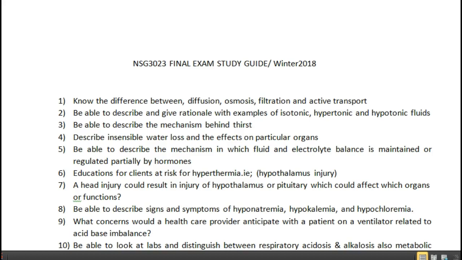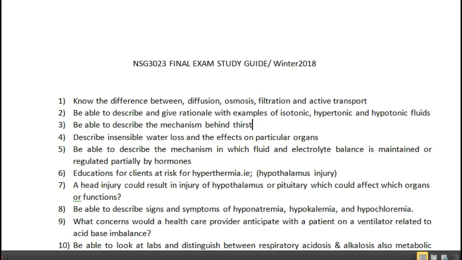When you think of diffusion, think of it as being passive, moving from an area of higher concentration to an area of lower concentration. Well, osmosis is the opposite. It's the movement of water from lower particle concentration to one that has a higher particle concentration.